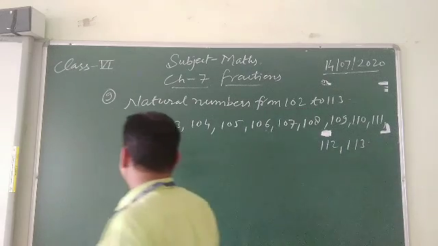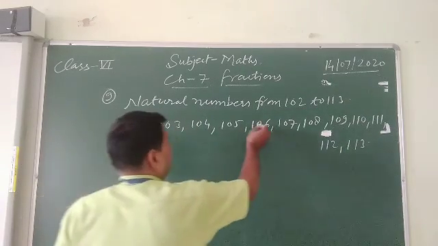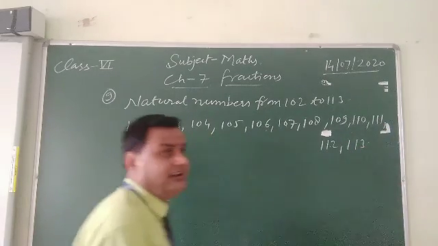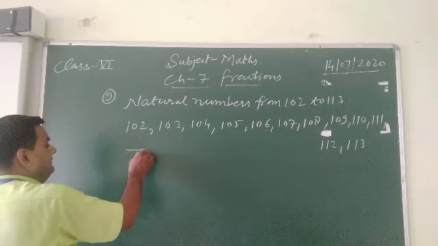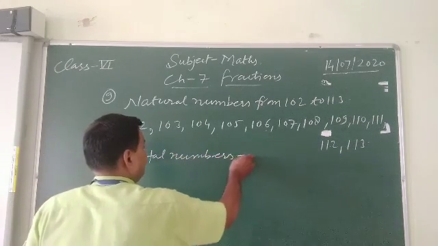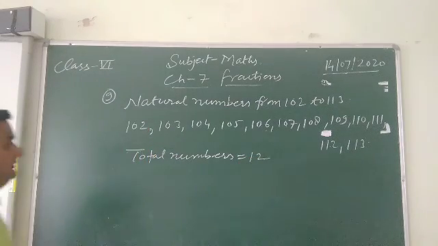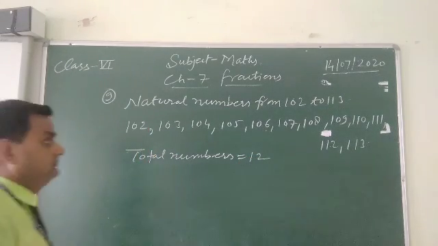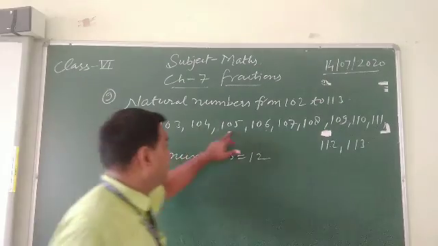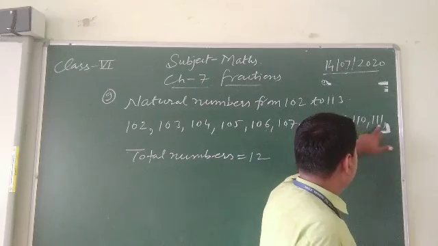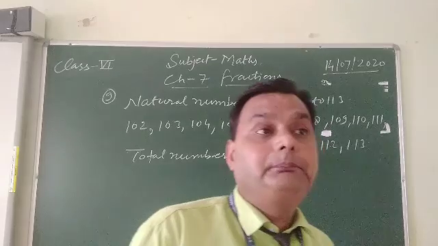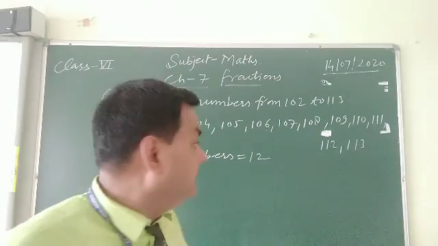So total numbers are 1, 2, 3, 4, 5, 6, 7, 8, 9, 10, 11, 12. There are total 12. Is it clear? And we have to find the prime numbers between the given numbers.